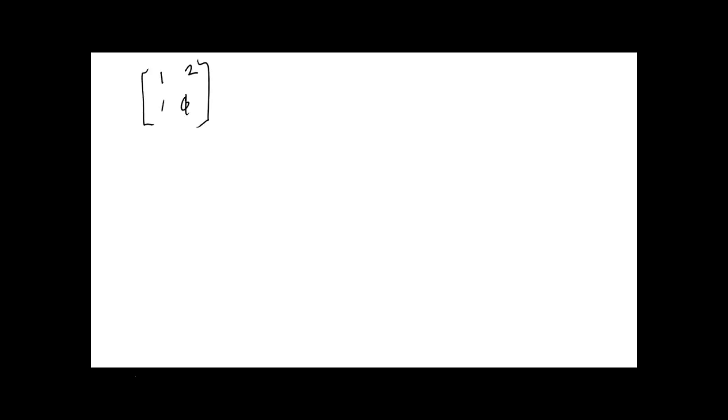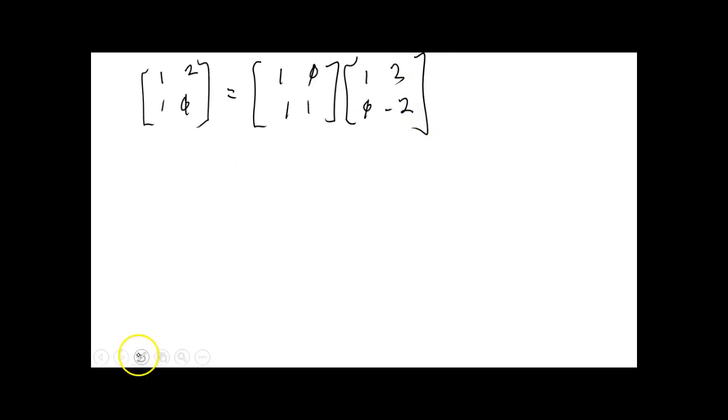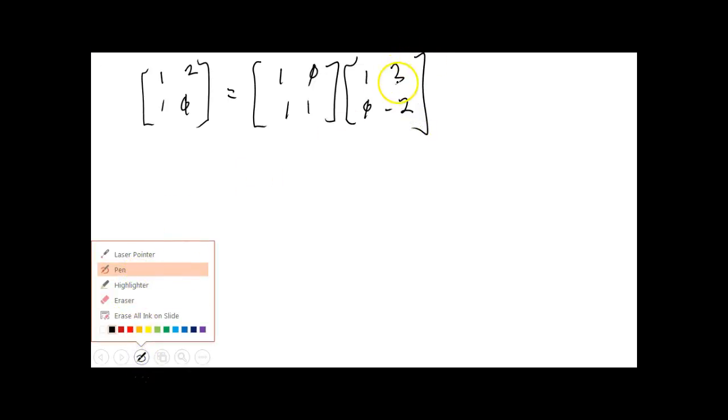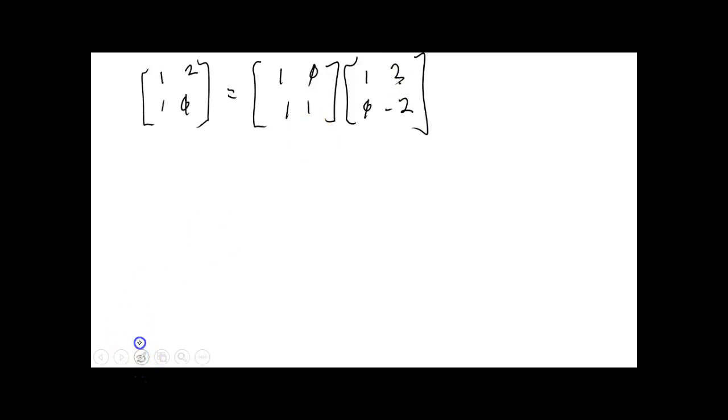I really don't like this too much, because what they do is they just tell you this is 1, 0, 1, 1 times 1, 2, 0, negative 2. Now that's a 2. For some reason the pen skimmed, but it didn't erase either.